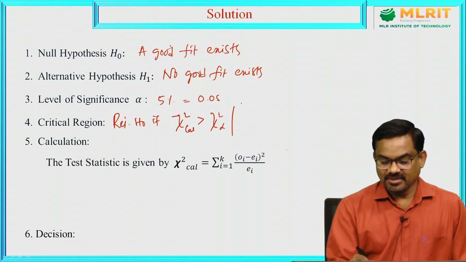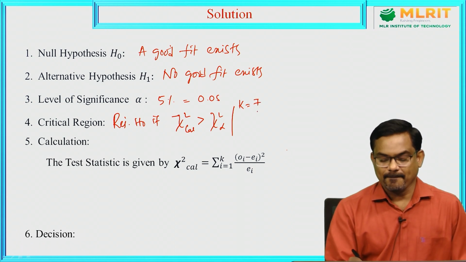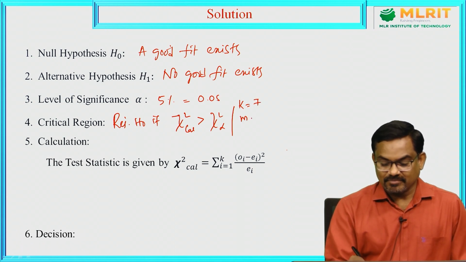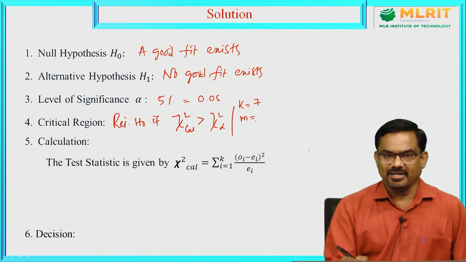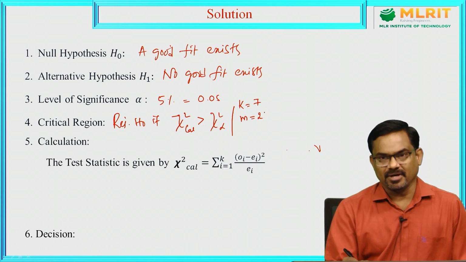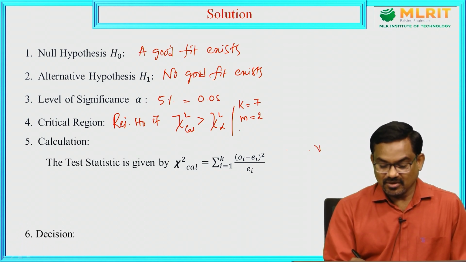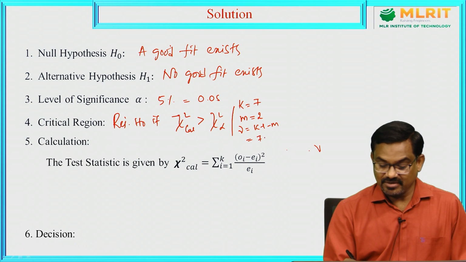Here, how many values are given? x equal to 0 to 6, so k equal to 7 values. And m, the number of population parameters that we have estimated to obtain the EIs, is 2; n and p are the parameters. So, nu equal to k minus m minus 1, which is 7 minus 3, giving 4 degrees of freedom.